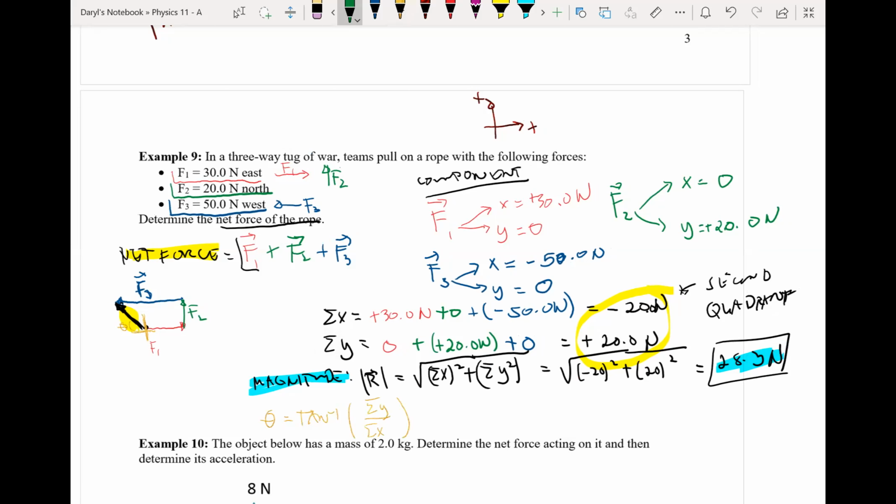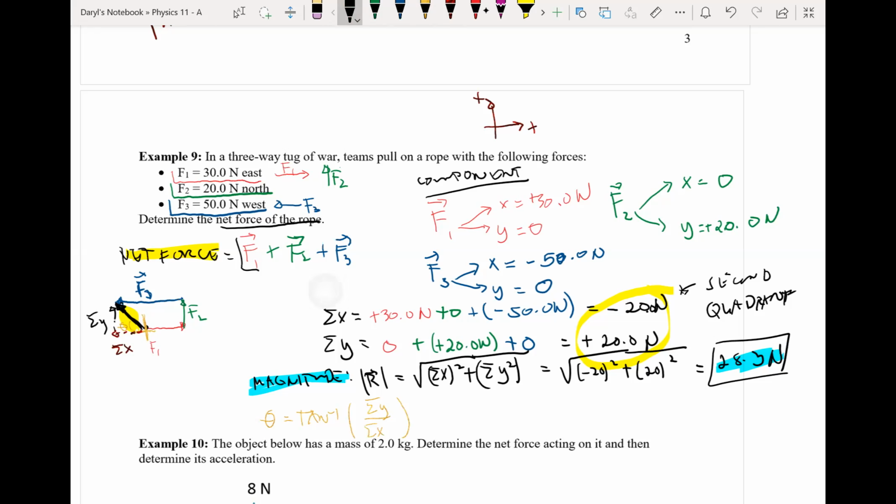Again, where did I get this one? Well, if you draw lines perpendicular to each other, this is your summation of x, and this would be the summation of y.